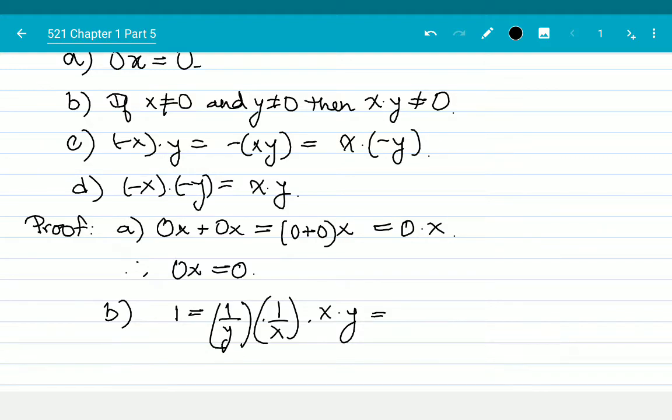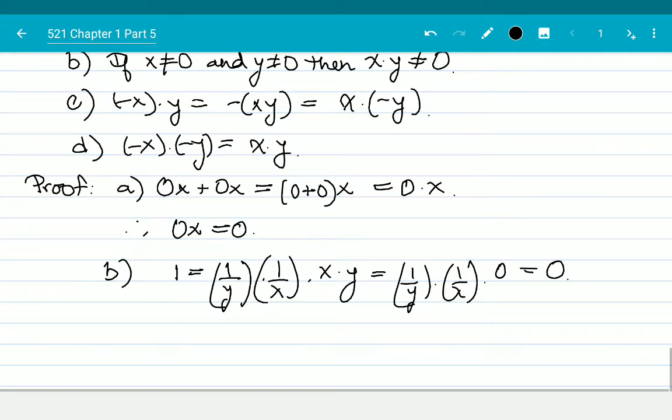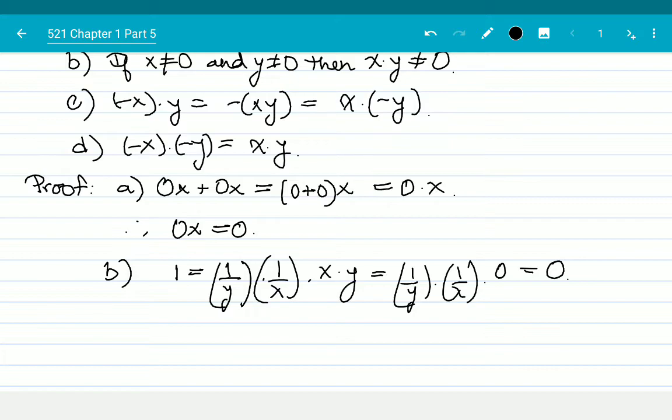So it is easy to see that 1 over x times x is 1, and 1 times 1 over y times y. You can use commutativity, but this is just associativity. Then this is 1 over y times 1 over x times 0, which by the previous property is 0. Right? And that is a contradiction. Therefore, x times y is not equal to 0.